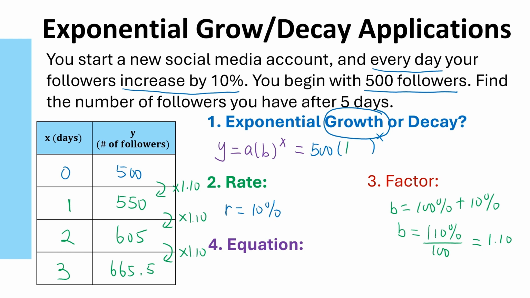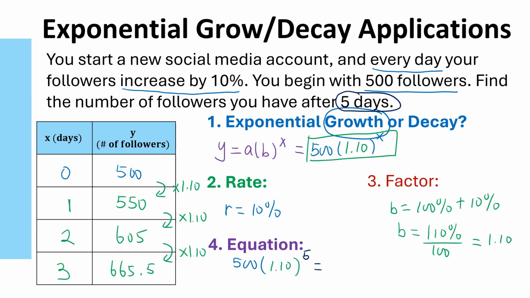B is 1.10. So here's the general equation that we can use to find out how many followers you have after 5 days. We have 500 times 1.10 raised to the x. X is going to be 5 because we want to know after 5 days. Now you're going to type this in your calculator.